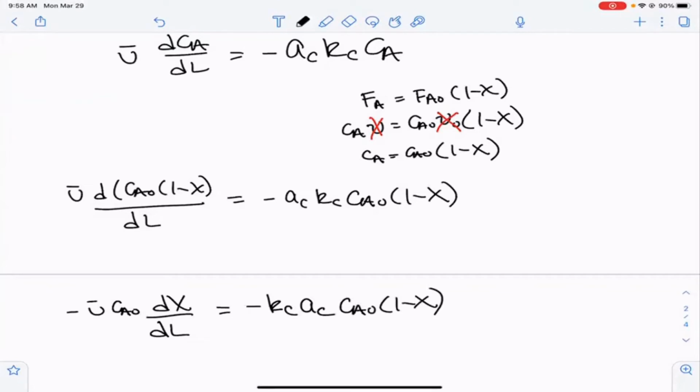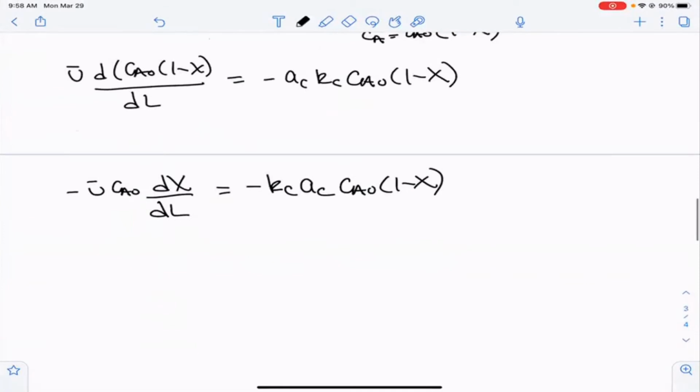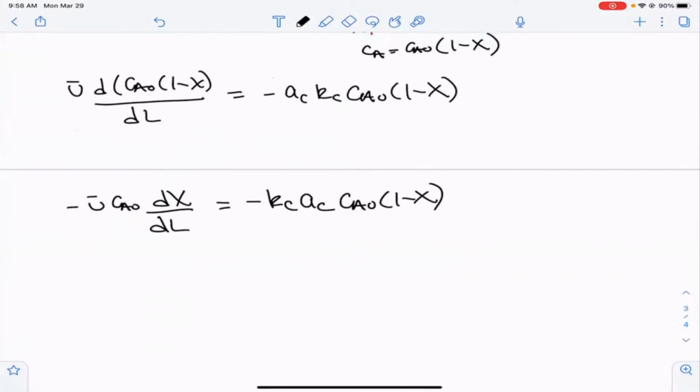The first thing I'm going to do is divide everything by minus Ca0 because the Ca0s are constants. They should cancel, and the negative sign should cancel as well. So we get the linear velocity times dx dl equals Kc times AC times 1 minus x.